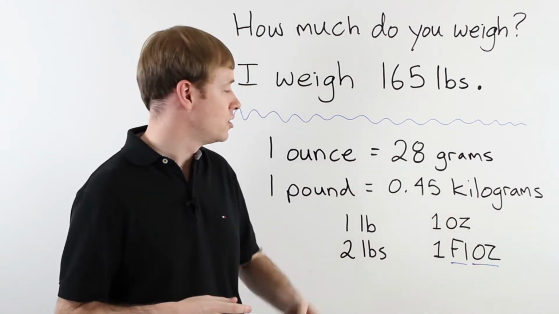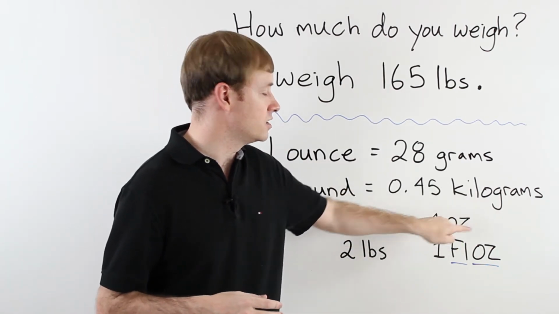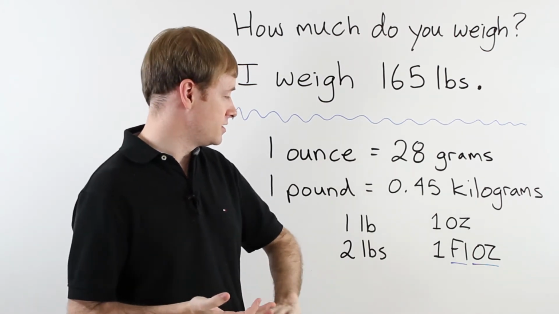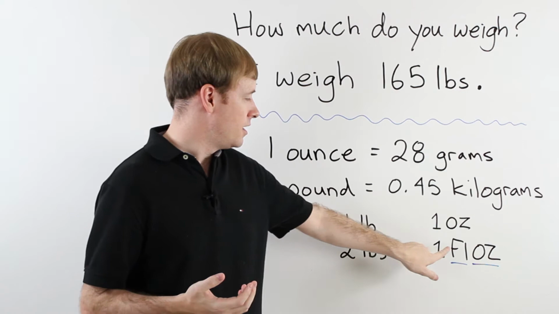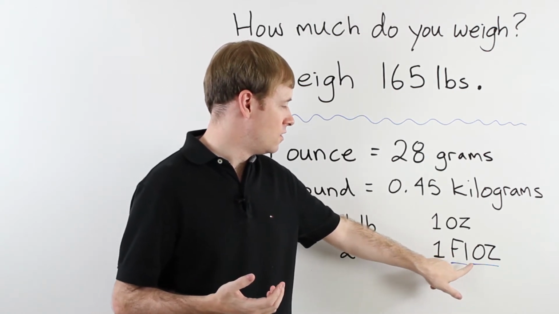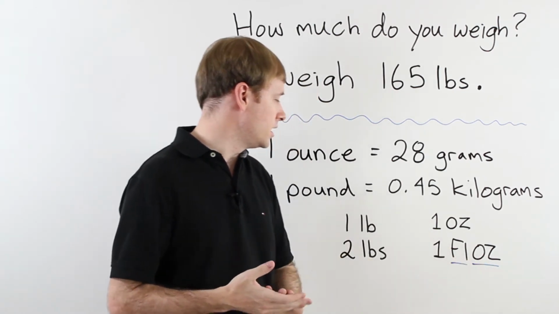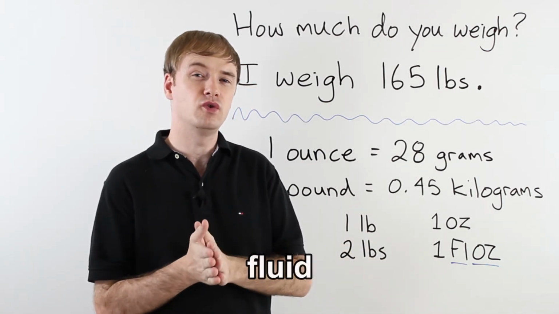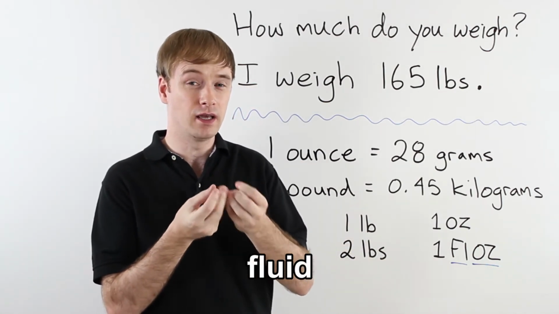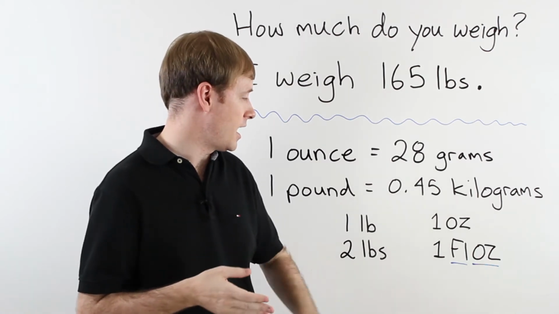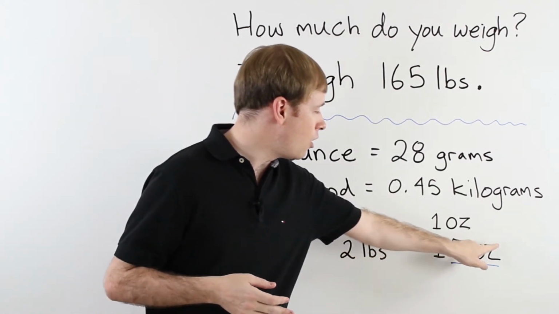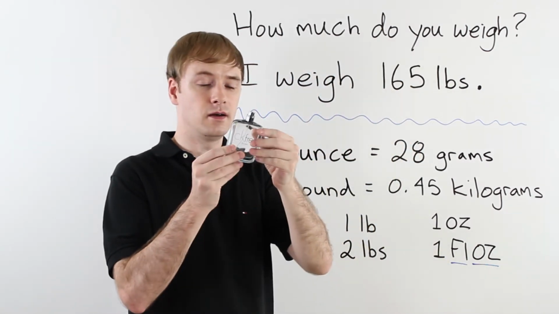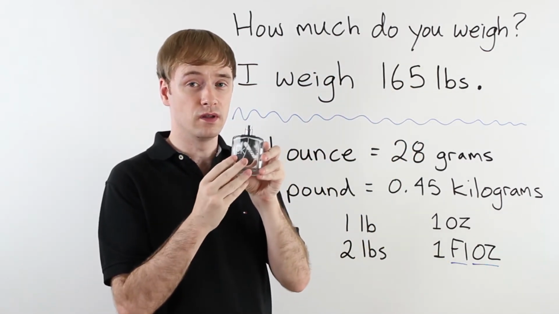For the ounces, 1 OZ, 1 ounce, 2 ounces, OZ. It's always OZ. Sometimes you're going to see FL OZ. Now the FL means fluid. Fluid is like a liquid, like water. Fluid ounce. And you're always going to see this on stuff like perfume or cologne.